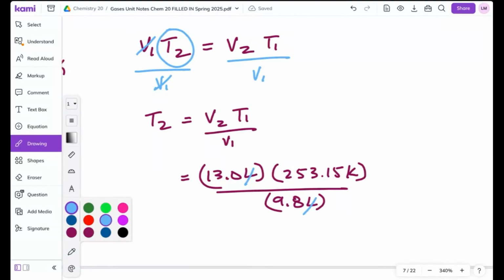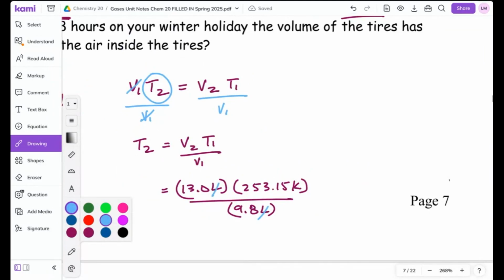Those cancel out. Our final units are going to be Kelvin. So if I take 13, multiply it by 253.15, and then divide it by 9.8, what we're going to get here is 335.81122, goes on forever, Kelvin.